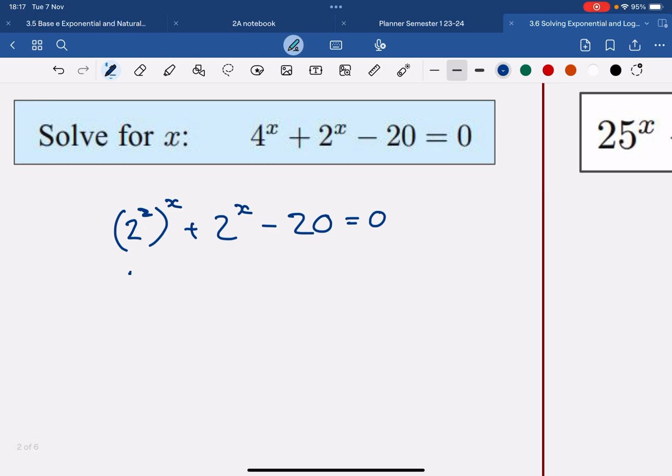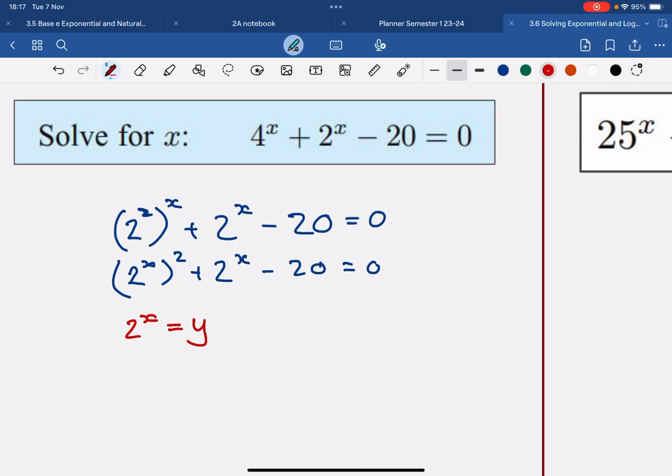Now I can change that around and make it (2 to the x) squared plus 2 to the x minus 20. Now, if you're not sure what that hidden quadratic is, replace the 2 to the x with y.